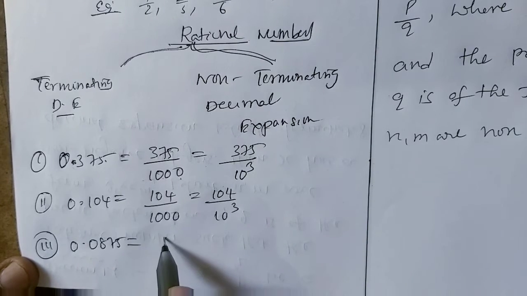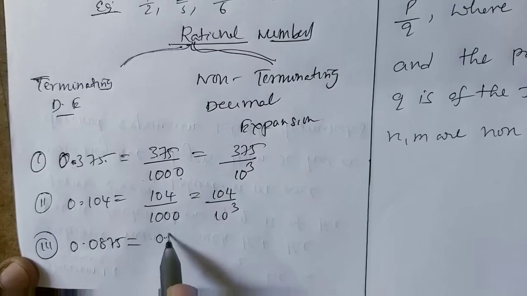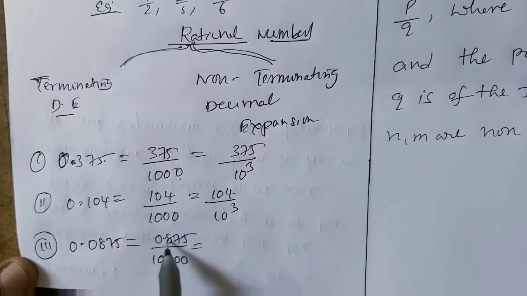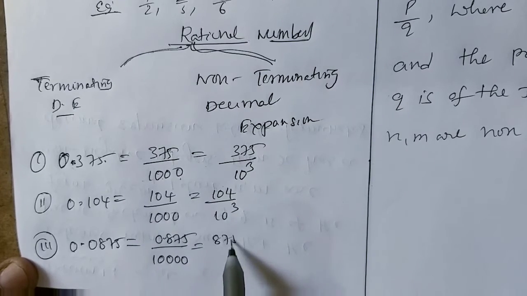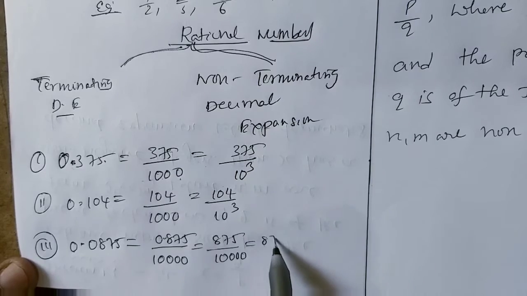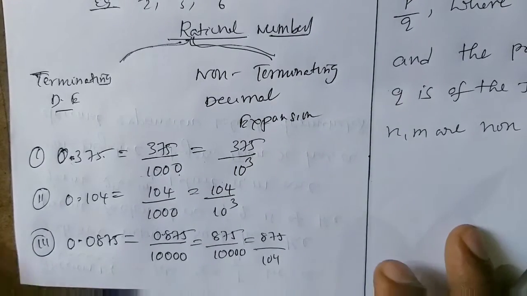If you remove the decimal point, we get 0875 by 1 followed by 4 zeros, since after the decimal there are 4 digits. Before starting with 0 there is no value, so that is 875 by 10,000, which we can write as 875 by 10 power 4.